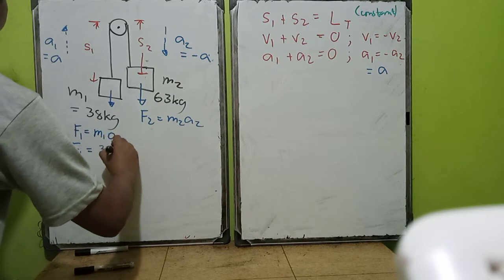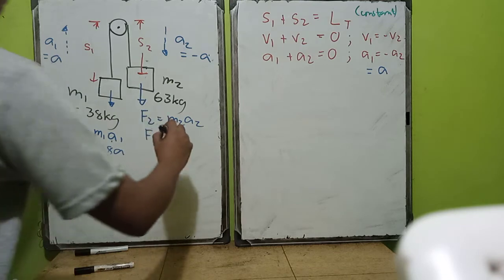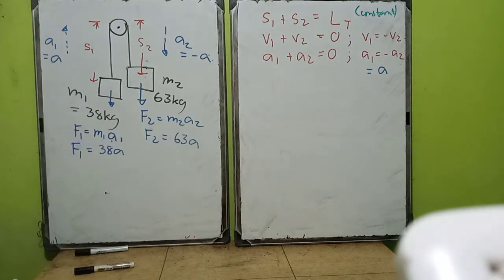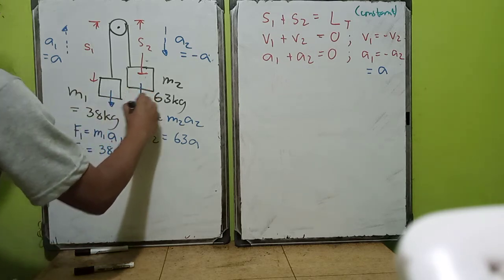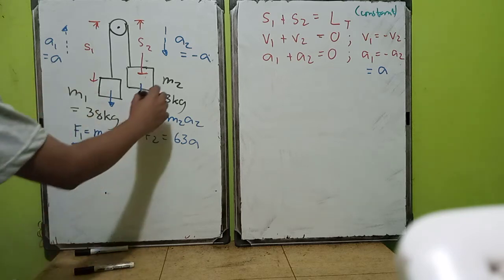We have F1 equal to 38A, and F2 is equal to 63A. So other than the acceleration caused by these two motions, they actually have weight. Each of these has a weight.